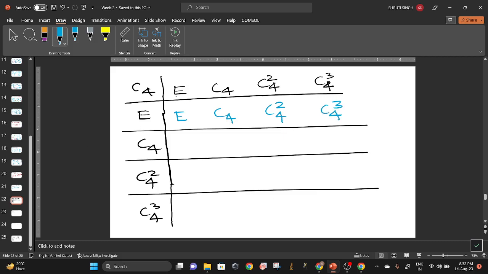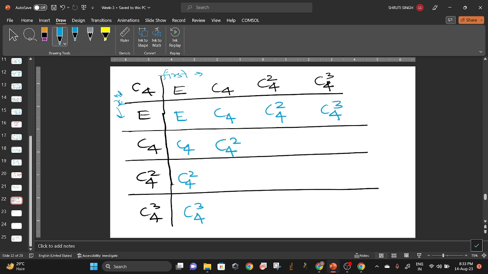Now E dot, this is written first, so this is first, this is second. We read it as E dot C4, which will be C4. E dot C4 square is C4 square. E dot C4 cube is C4 cube. Now C4 dot C4 is C4 2.